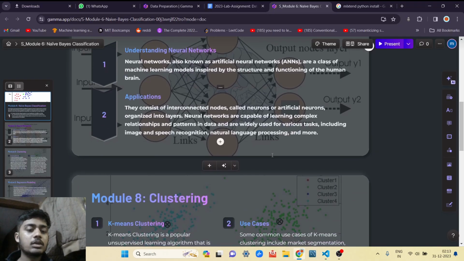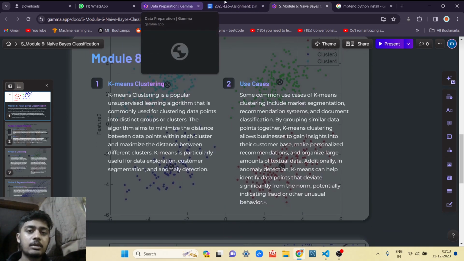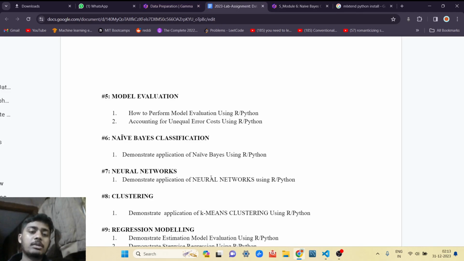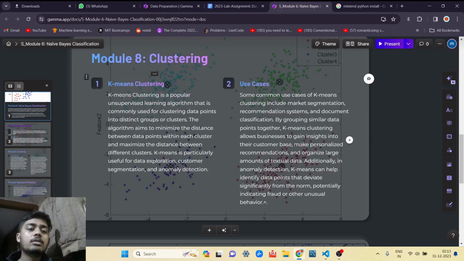The next module, that is 8, is about clustering. Let's see it in the assignment: demonstrate the application of k-means clustering using Python. First let us understand what k-means clustering is all about.